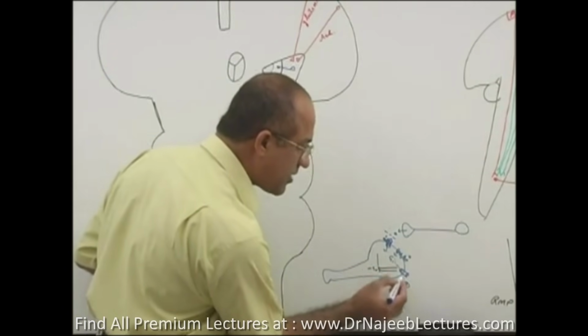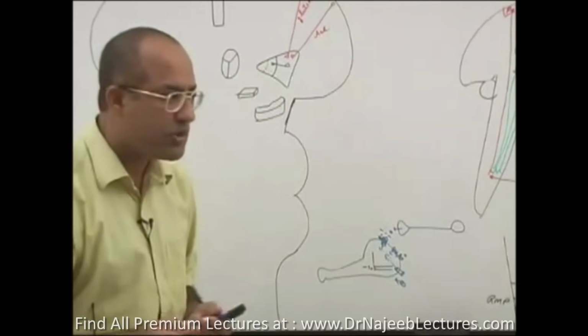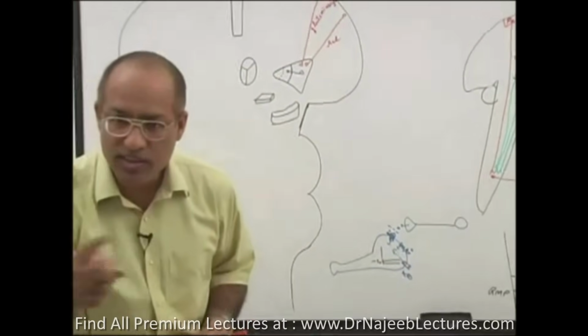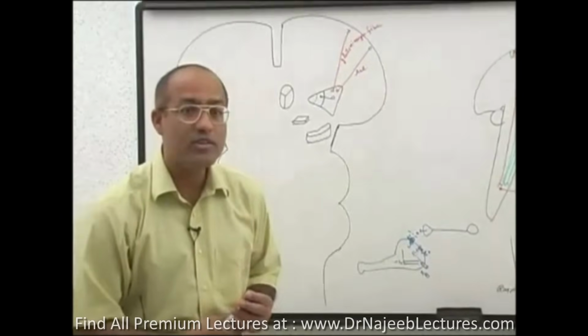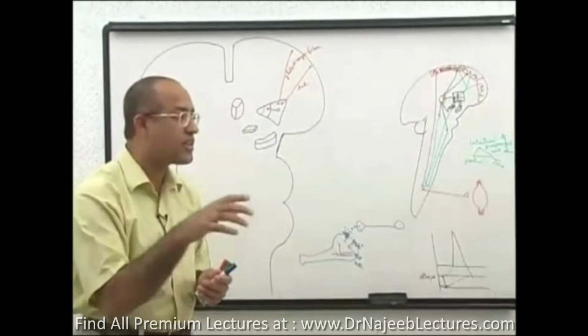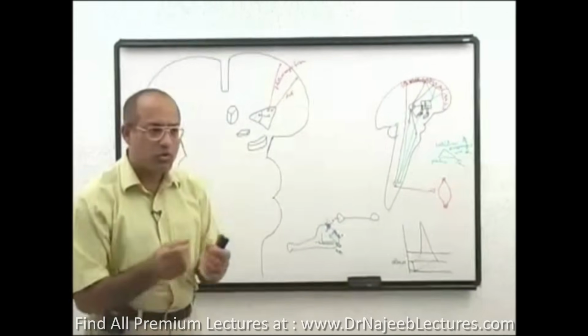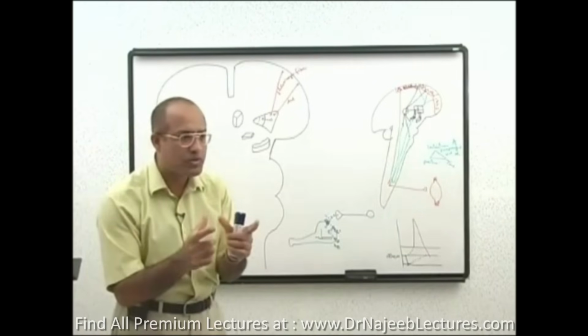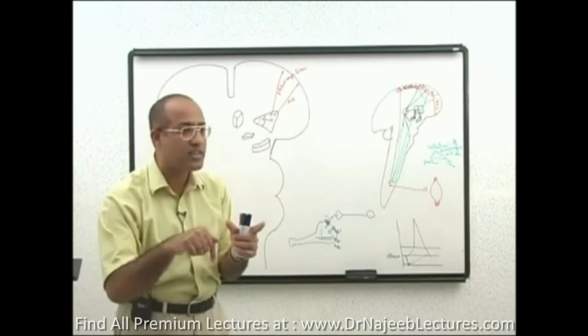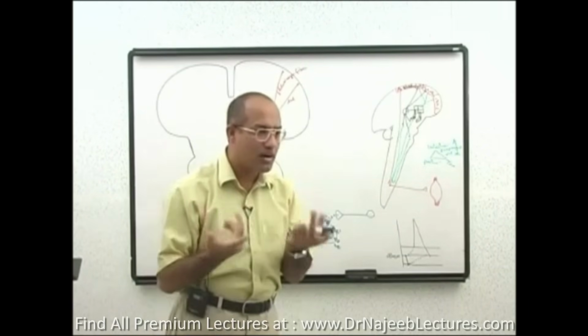Which channels? Potassium channels. Now, is potassium more inside the cell or outside? Write down: cells are the bags of potassium. Every cell is rich in potassium. So whenever you open the potassium channel in any cell, because potassium is more inside, it will jump out.